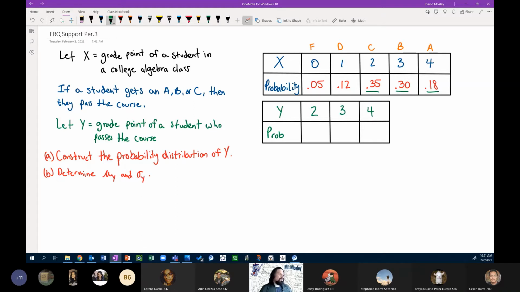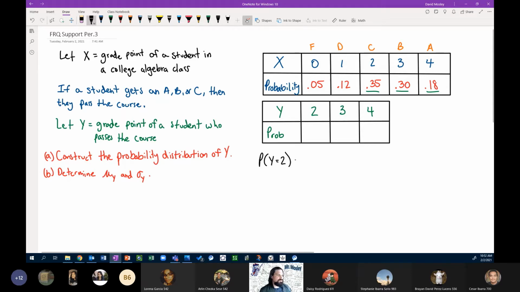So what we have to do to answer A here, constructing the probability distribution for y, is we have to use a conditional probability. Right? So we're reaching back into the previous chapter again on probability, and we have to determine the probability of y equaling 2.